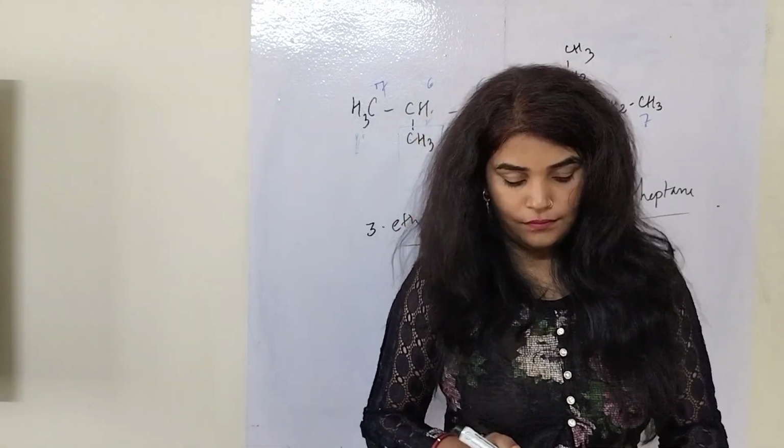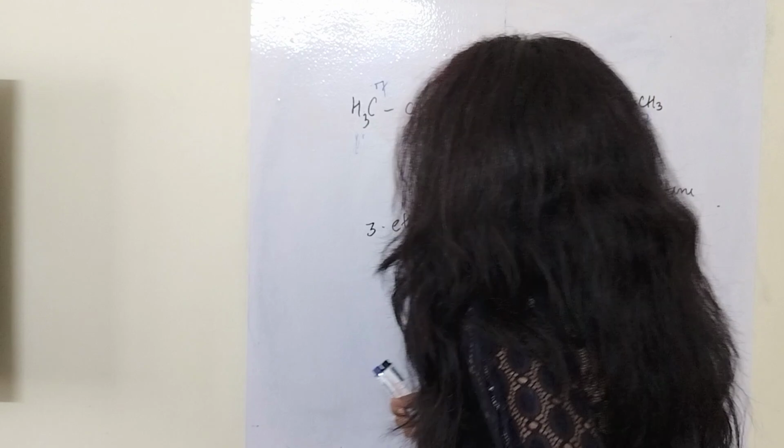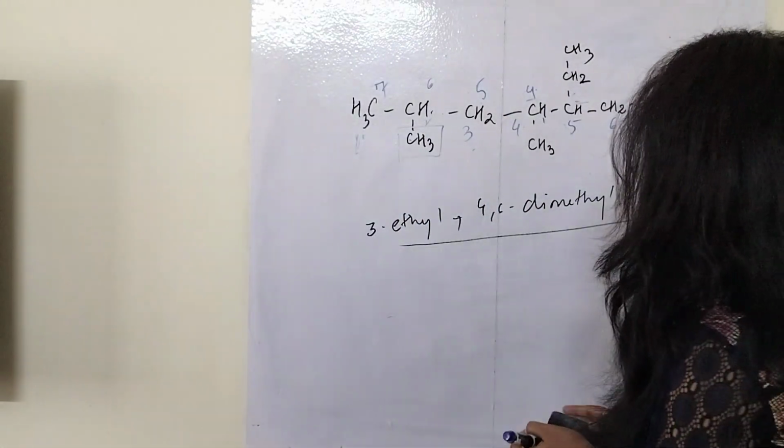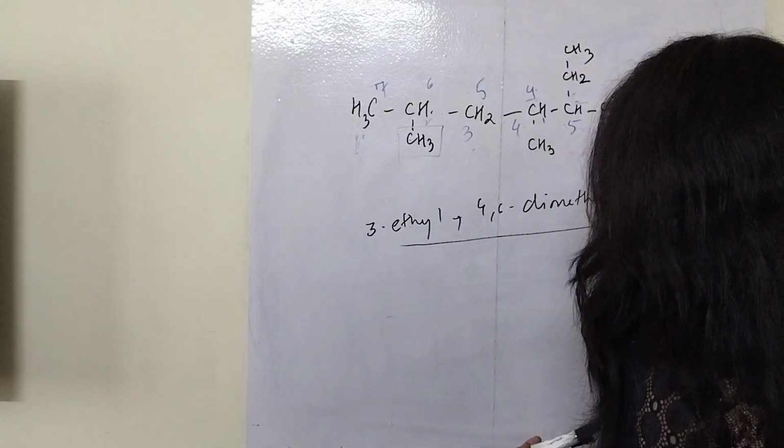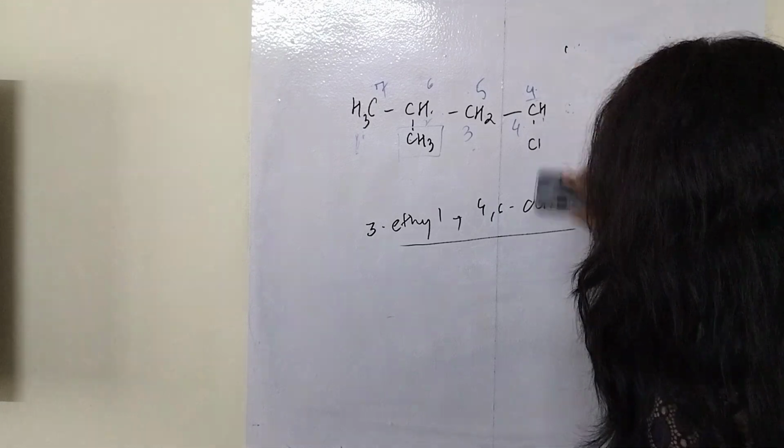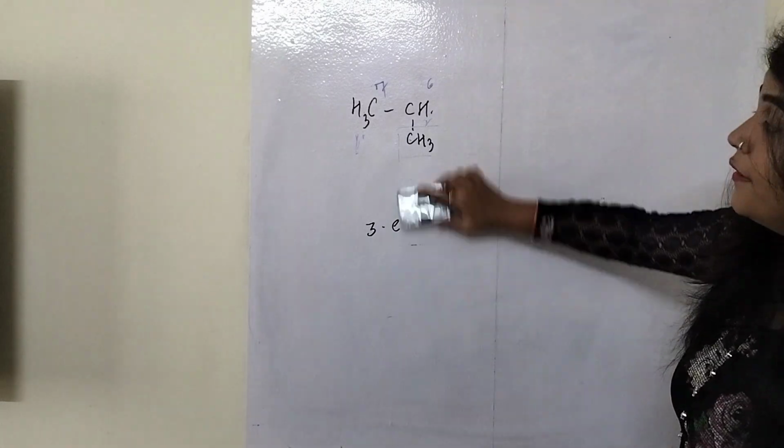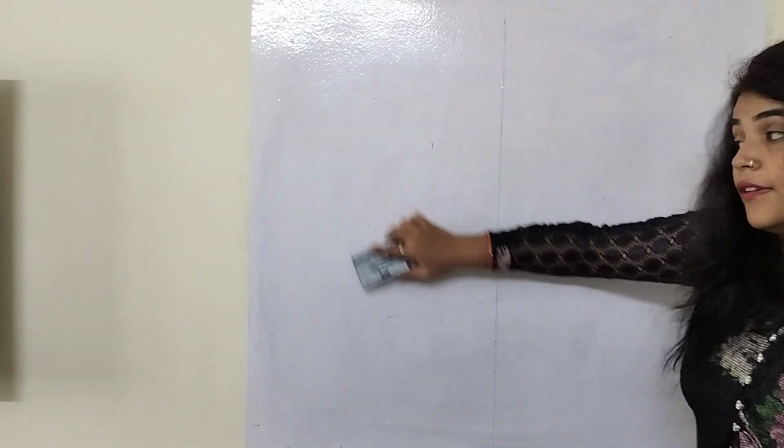Okay, so this is how we write the IUPAC name, or the nomenclature, of organic compounds when more than one substituent is present.